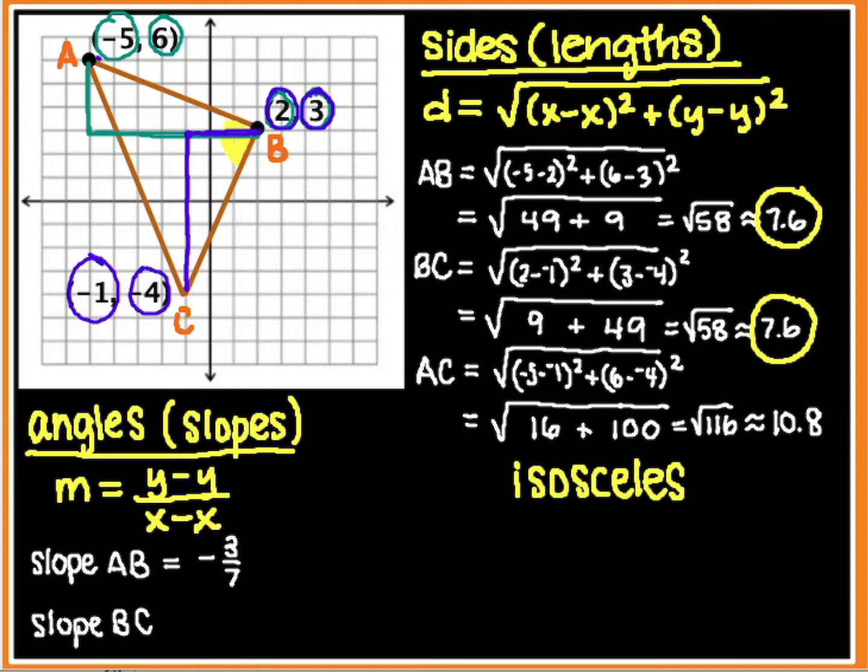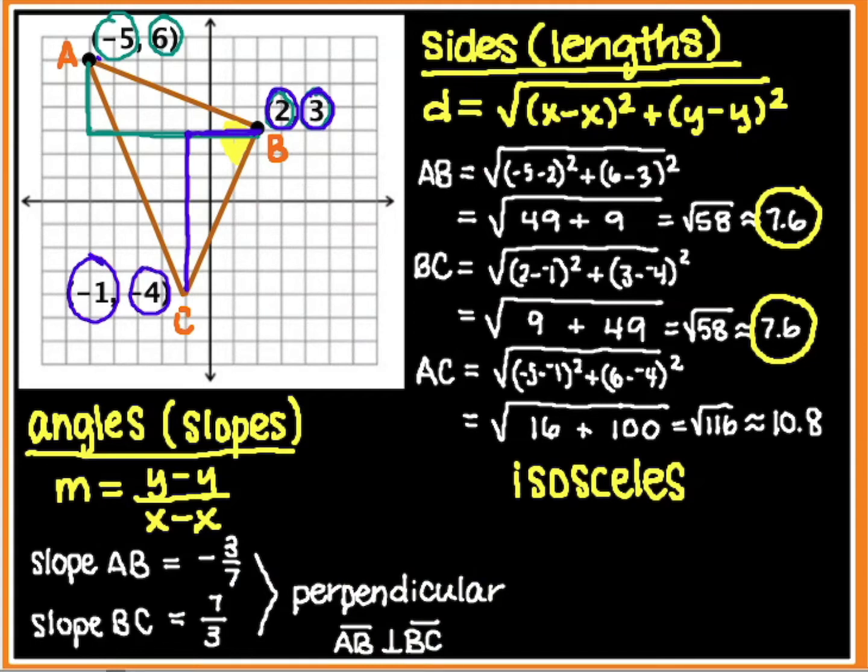So up 7 over 3, up 7, right 3, and that's exactly what we were looking for, wasn't it? That tells me that those lines, AB and BC, are perpendicular. And if those are perpendicular, what kind of angle do they form? A right angle. So we can classify this triangle as an isosceles right triangle.